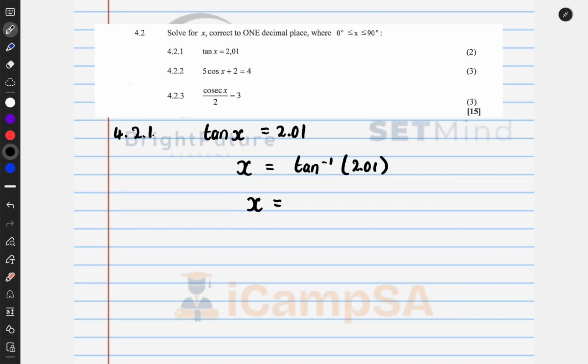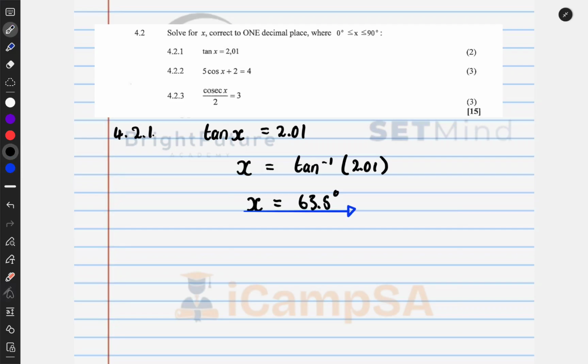If you are using the Casio, you say shift plus tan, which gives you the inverse, and then the answer is 63.5 degrees, correct to 1 decimal place.